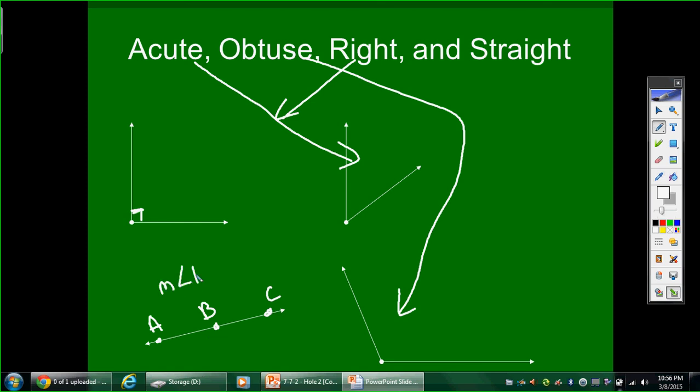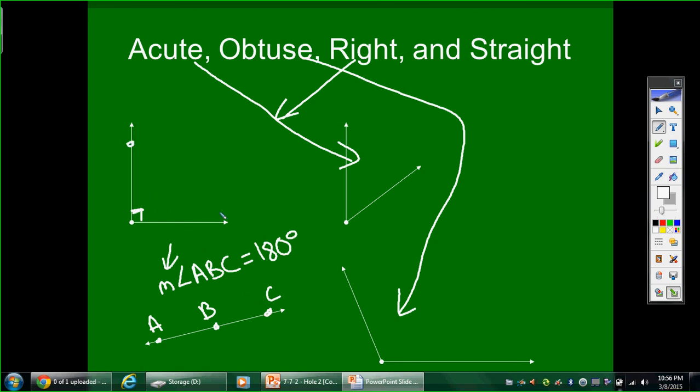If you see an M in front of the angle symbol, that just means the measure of angle ABC is equal to 180 degrees.